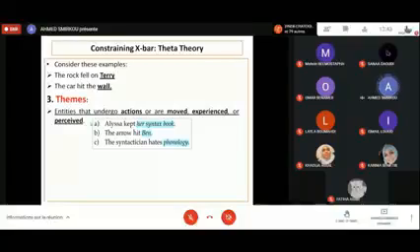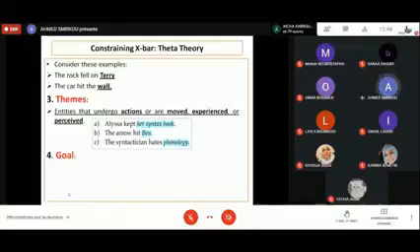Sometimes it can be a theme and an experiencer, etc. We will have examples to explain this point. For example, B, the arrow hit Ben. So Ben is the theme and also an experiencer because it feels this action of being hit.